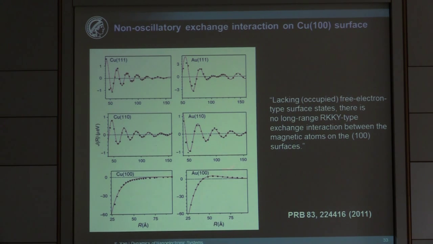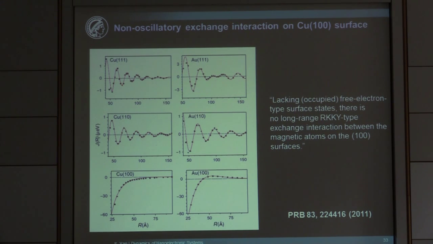But interestingly, if they calculate the RKKY interaction on copper 100 and also gold 100, there's no oscillatory behavior. What they claimed is that it's because of the lack of free-electron-type surface states. There's no long-range RKKY-type exchange interaction on the 100 surfaces. So it is consistent with what we are measuring.